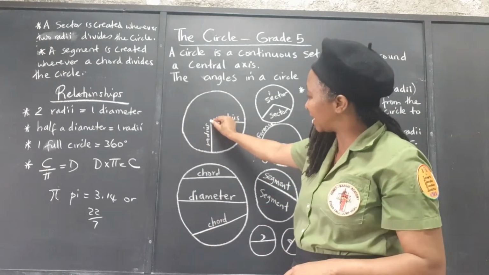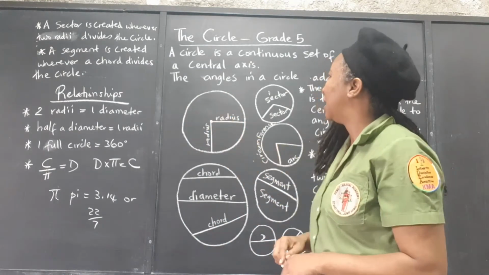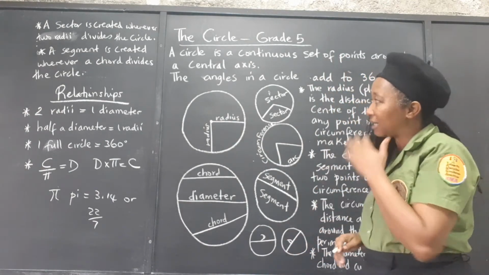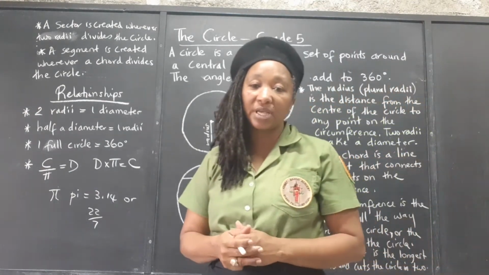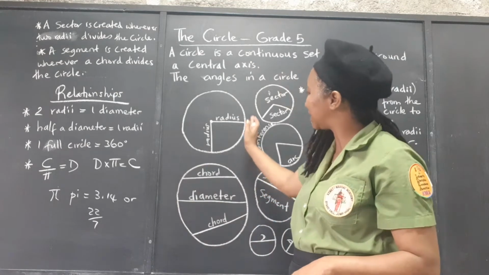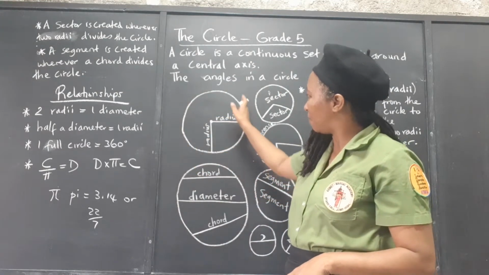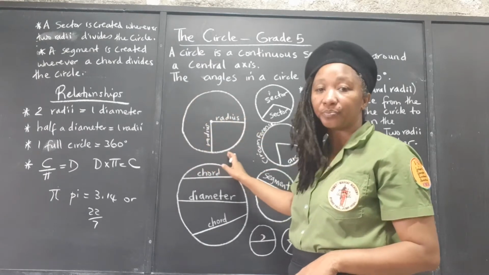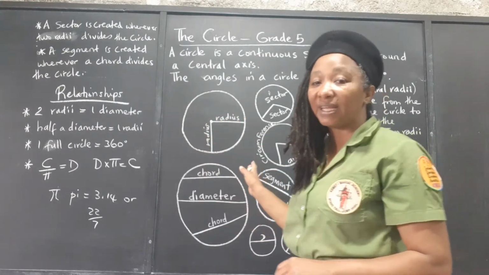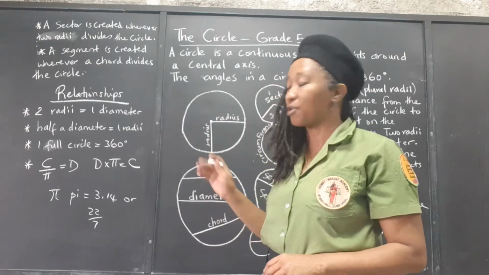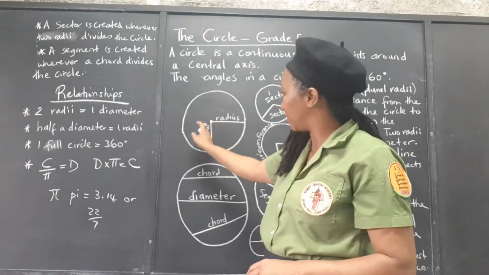So this is our center of the circle, and all the angles in a circle add to 360 degrees. So the complete distance around the circle, in traveling that distance, you would cover 360 degrees.